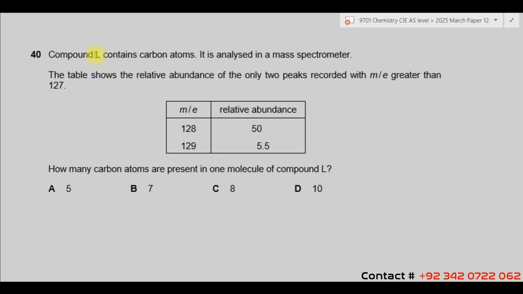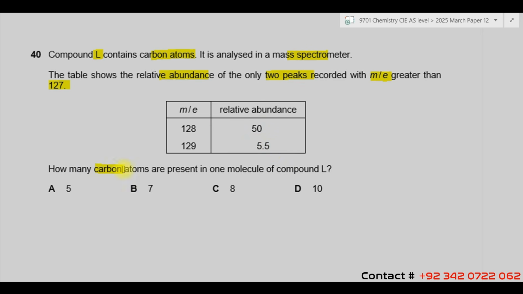Question 40. Compound L contains carbon atoms. It is analyzed in a mass spectrometer. The table shows the relative abundance of the only 2 peaks recorded with mass to charge greater than 127. We have mass to charge at 128 and mass to charge at 129. Relative abundance is 50 for this one and 5.5 for this one.